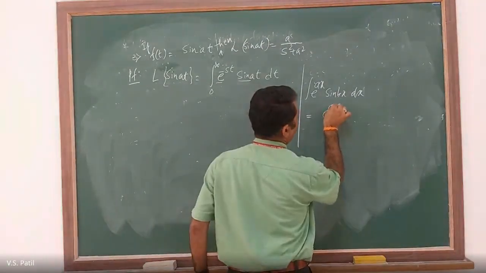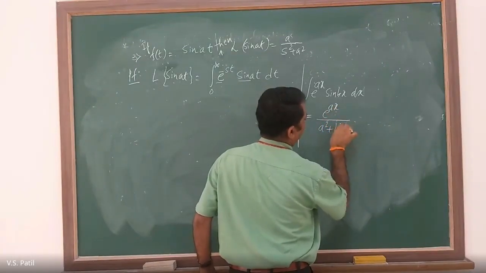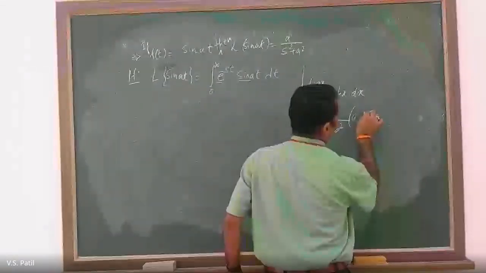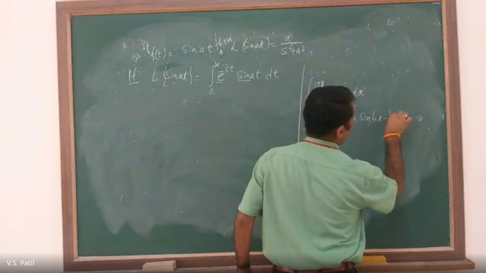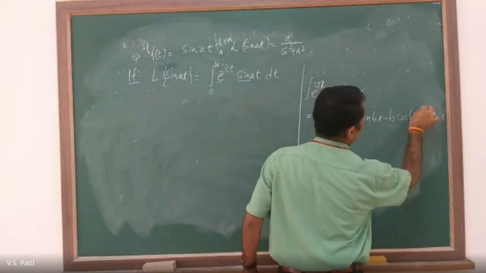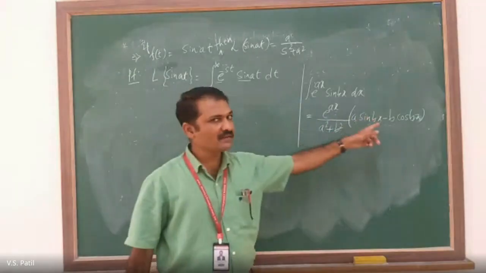What is that? e to the power a x divided by a square plus b square, into bracket a sin b x minus b cos b x. Do you remember this? Yes, sir.